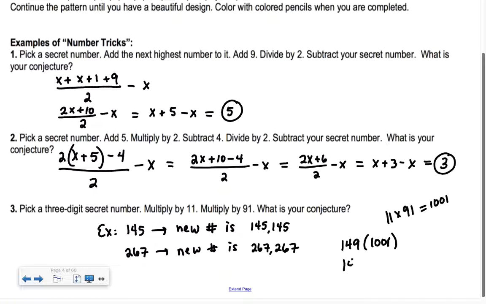Wouldn't that be like 1,000 added to 1 in parentheses? What do you get when you do 149 times 1,000? 149,000, right? So that would be the part that's 149,000. But what about the 149 times 1? 149. Do you see why it works the way it does? Yeah, kind of cool, huh?